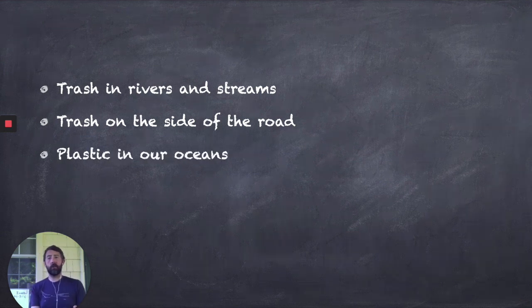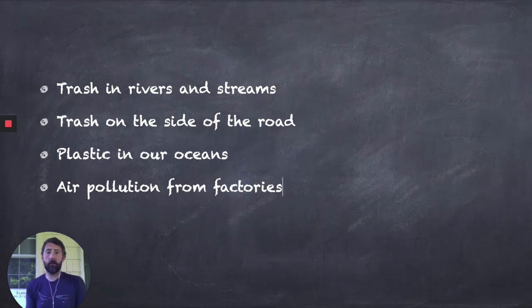Plastics in our ocean. That's another environmental problem, and it's a problem some people are working, trying to solve. Air pollution from factories. Smog. Our paragraph that we read is actually this environmental problem.